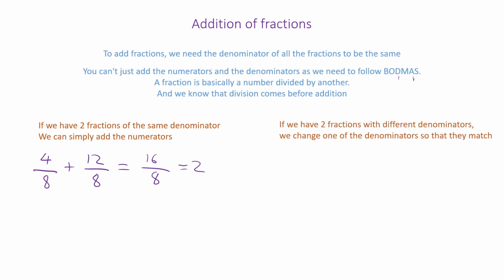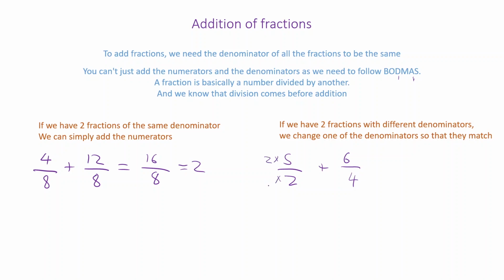But what if we have two fractions of different denominators? We have to change one of the denominators so that both the denominators match. For example, 5 over 2 plus 6 over 4. Now we can multiply the numerator and the denominator of the left fraction by 2 so that we have the same denominators.